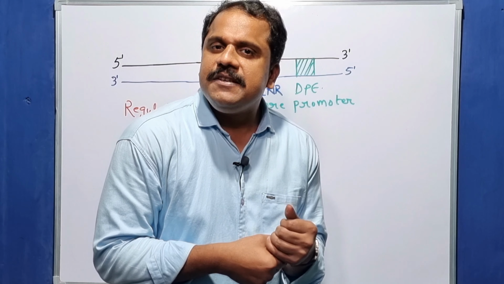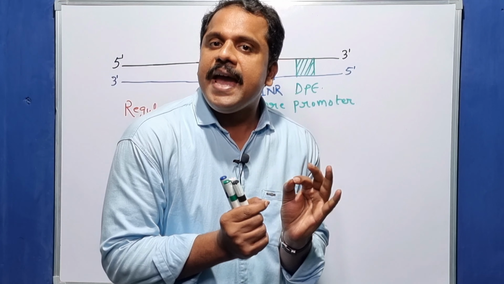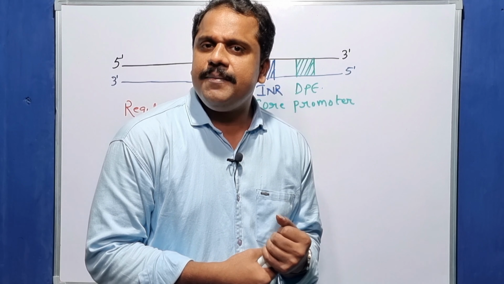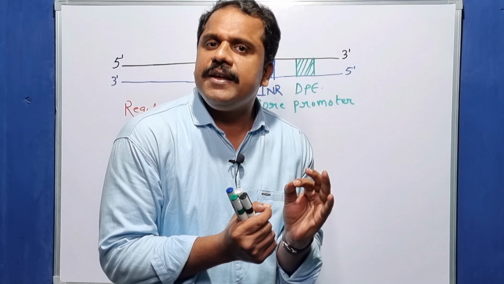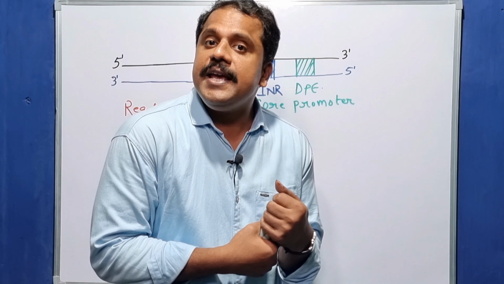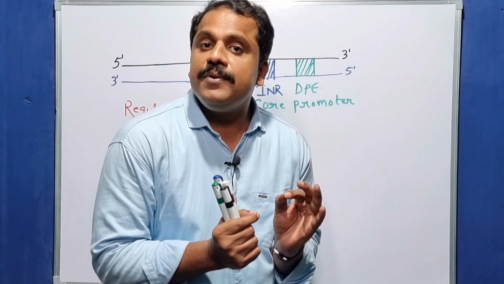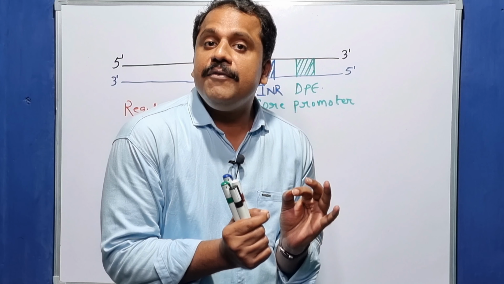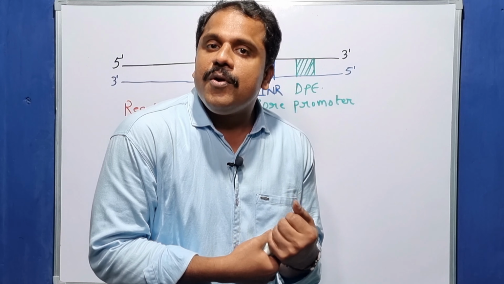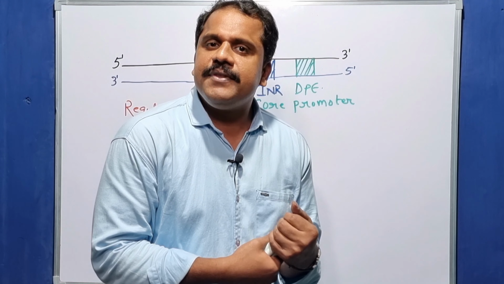Here the regulatory element consists of upstream activating sequences, followed by insulator, and very adjacent to the insulator there is the repressor element, and very adjacent to the repressor element there is the promoter proximal element. So all these are the various components of the regulatory element.